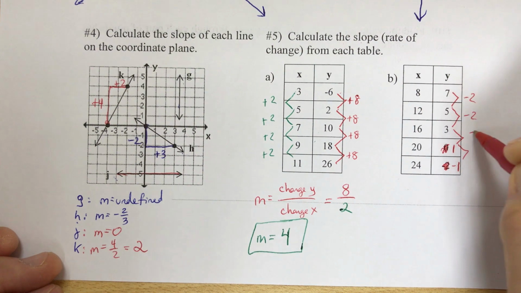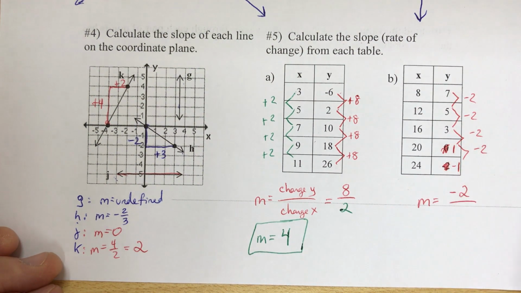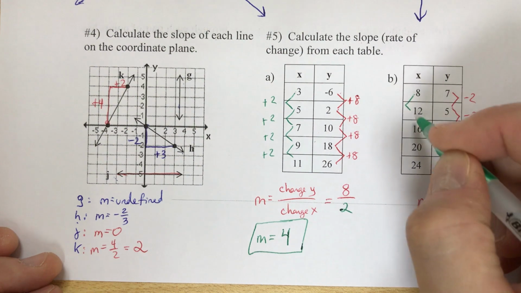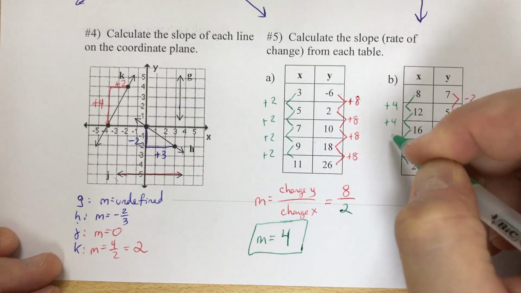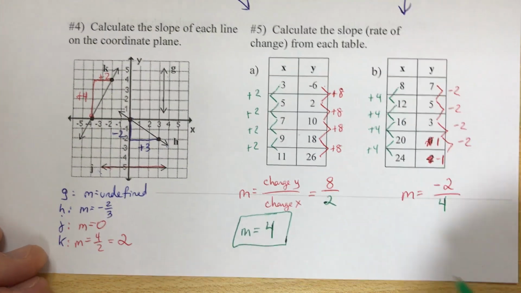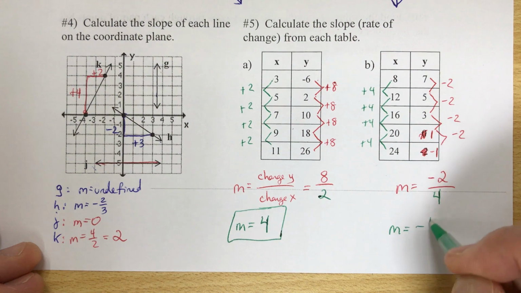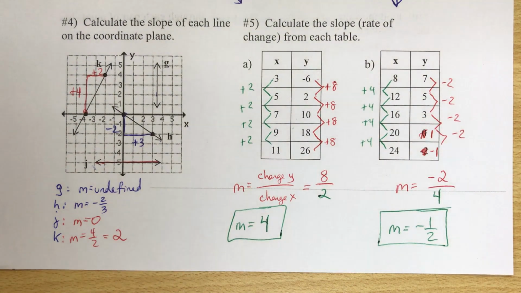Each time we're going down 2. So the change in y is down 2, that's negative. And the change in x, 8 to 12, 12 to 16. Okay, so this is plus 4, plus 4. So the change in x is positive 4, but we can reduce that fraction to negative 1/2. And that is the end of part 1.